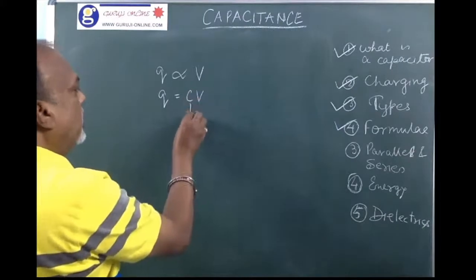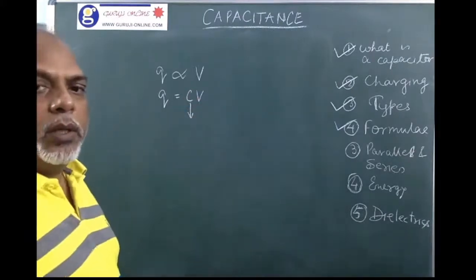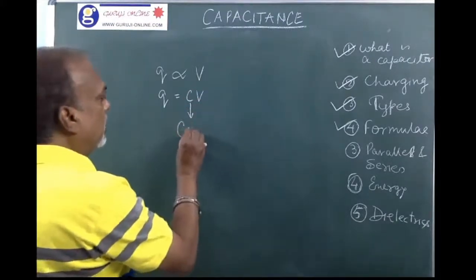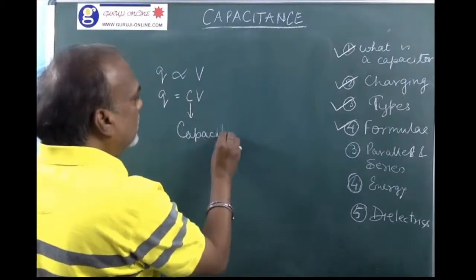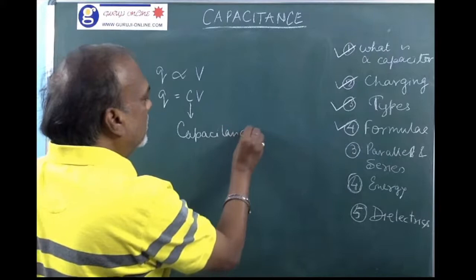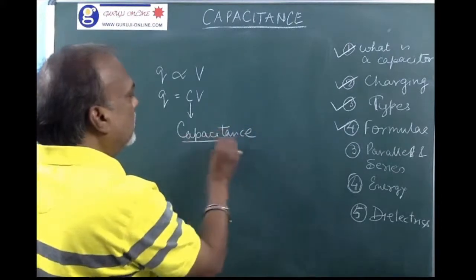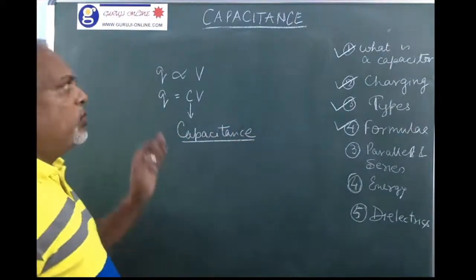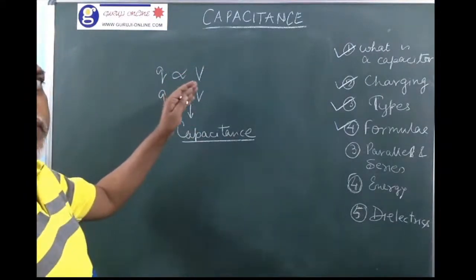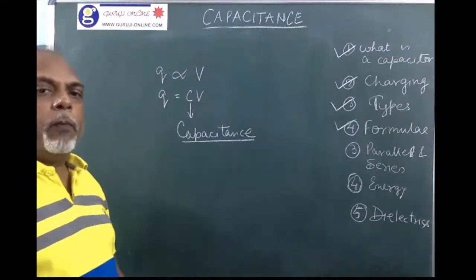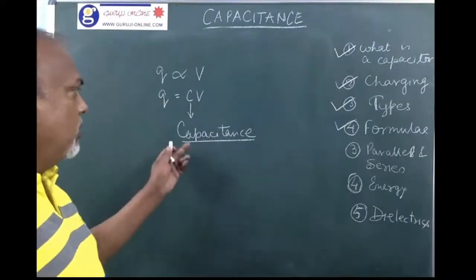What is this C? This is called capacitance. Q charge was accumulated on the plates with the potential difference of V. So this is called capacitance.